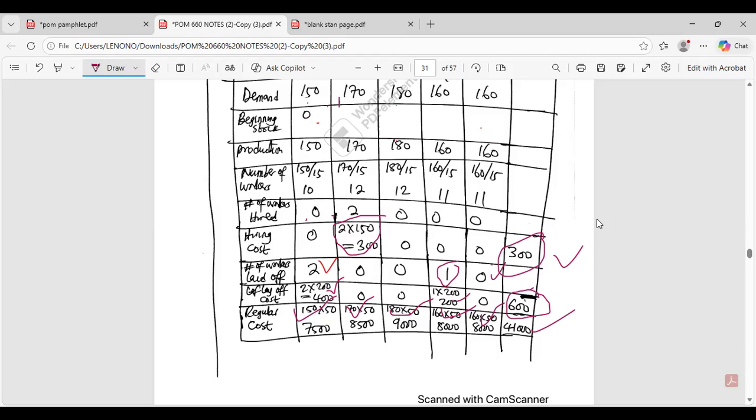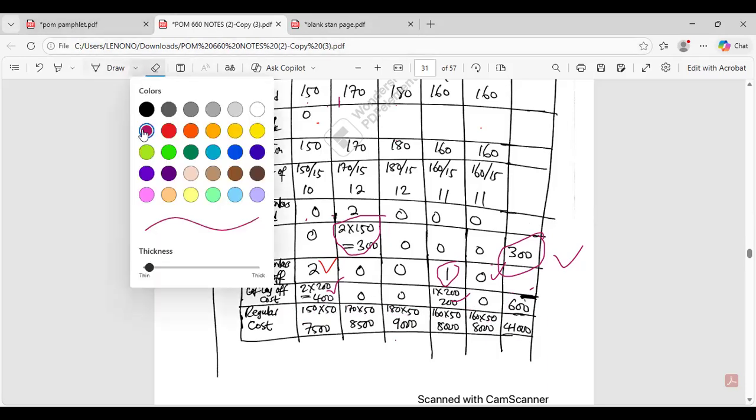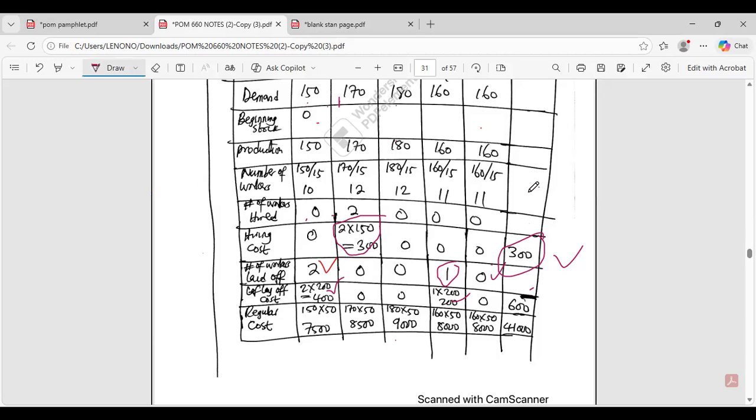So this is where we have gotten those figures. You multiply those figures by the production units, 150 by that one, then the other one by that one. So this is why we are getting these, and it is 41,000.